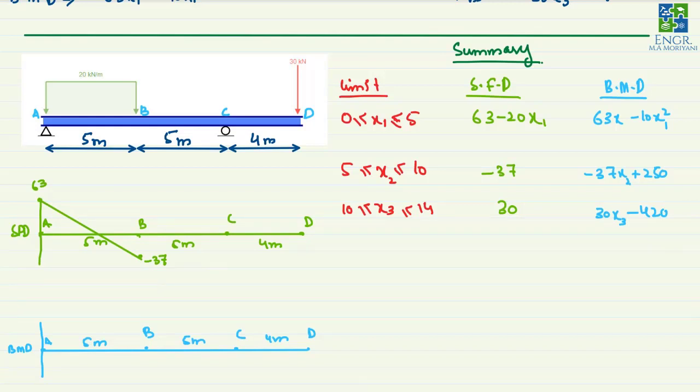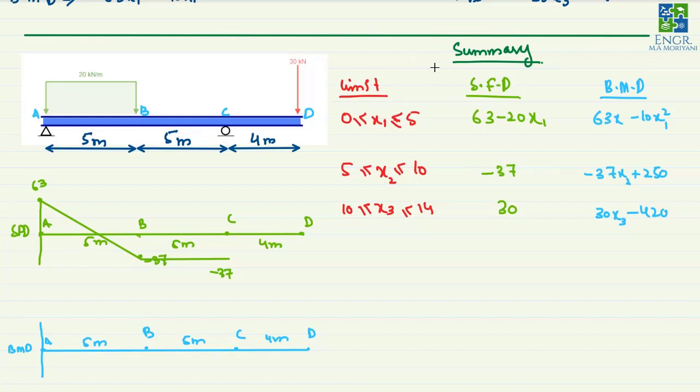Now, for the region BC, we can see that we have a constant shear force which has the value of minus 37. So from B to C, the shear force will be constant, with the value of minus 37. And from C to D, you can see we have the value of positive 30.